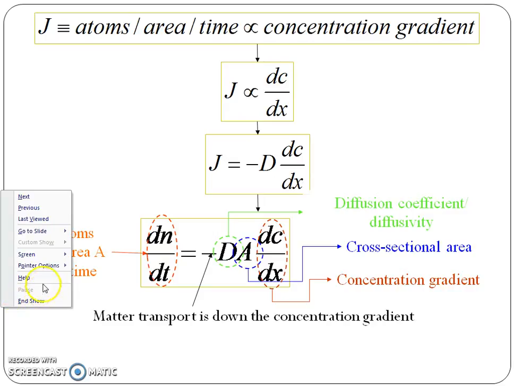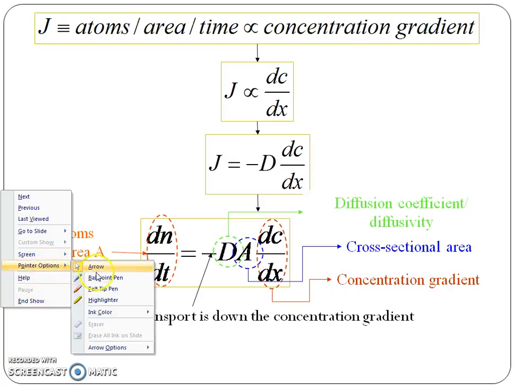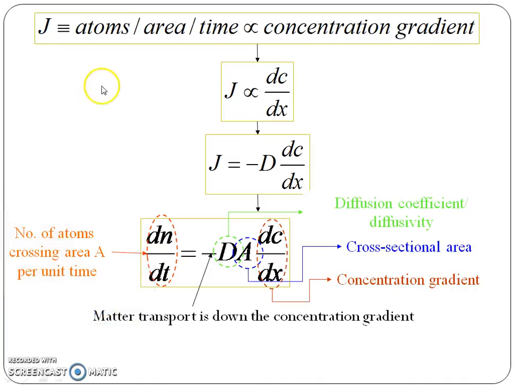So, this is J, already we have discussed. So J is proportional, as in the introductory classes we discussed. Like other operations, diffusion is also dependent on the driving force.